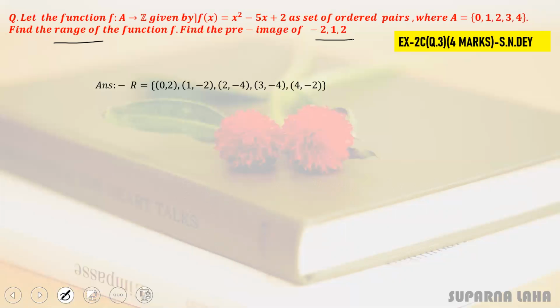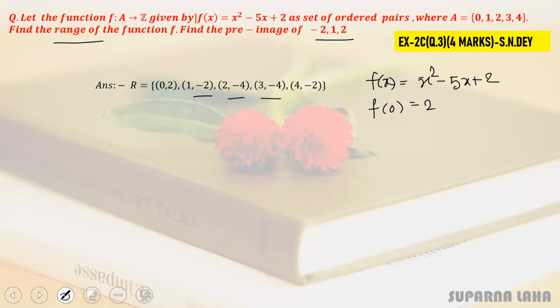So let us find the ordered pairs first, that is 0, 2; 1, minus 2; 2, minus 4; 3, minus 4 and 4, minus 2. Just put the function like that, f of x is equal to x square minus 5x plus 2.